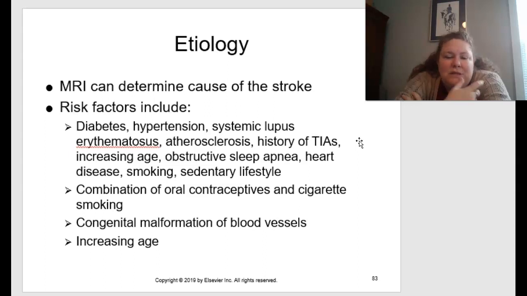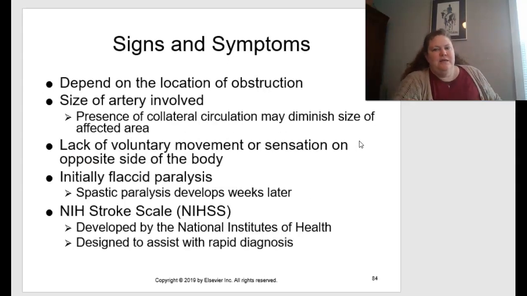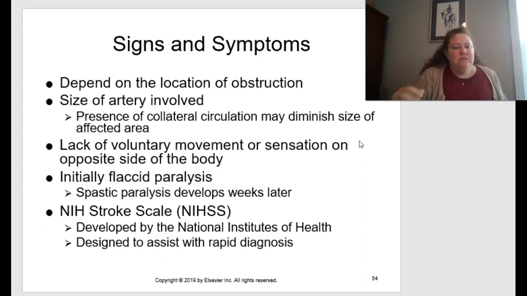Combining, like the use of oral contraceptives and cigarette smoking, can also cause this, and also congenital malformation of blood vessels or increasing age.